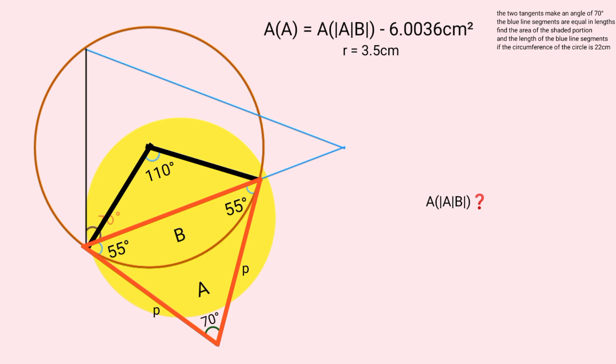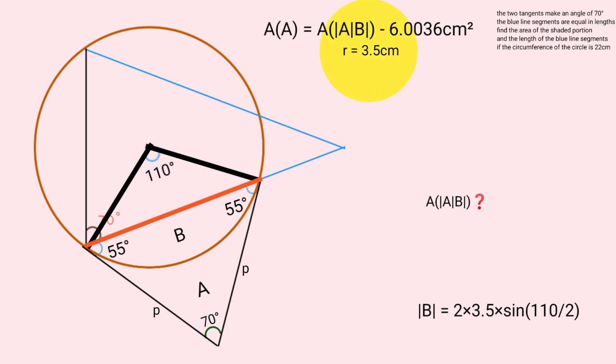We don't know. But if you look here, this side here is also a chord of this circle here. And we know that the formula for finding the length of a chord of a circle is 2r sine theta over 2. Theta is this angle here at the center, and we know that r is 3.5 centimeters.